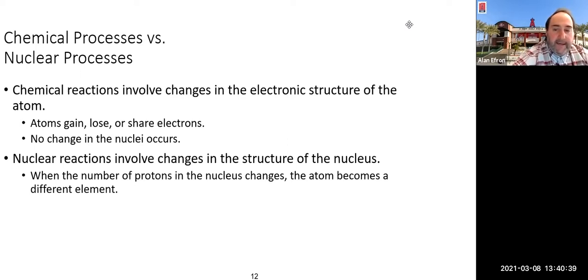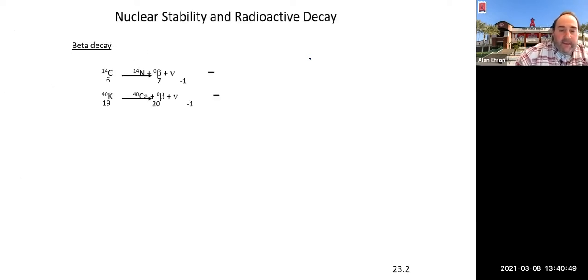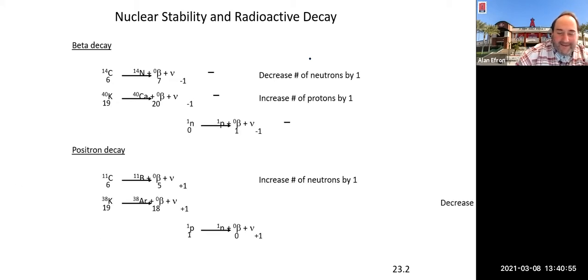So what is happening as we go through a beta decay, a positron decay, and those types of things? These are some really badly done equations because they're all messed up. So let me take a look here. I think they're okay in your notes, but they got a little thrown away here.